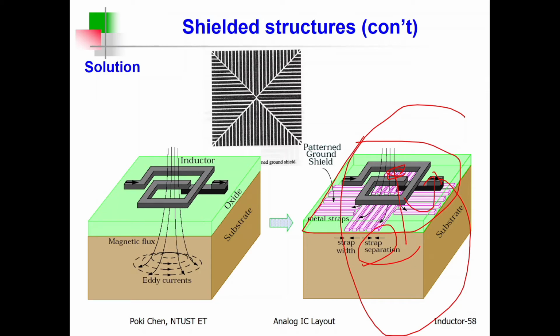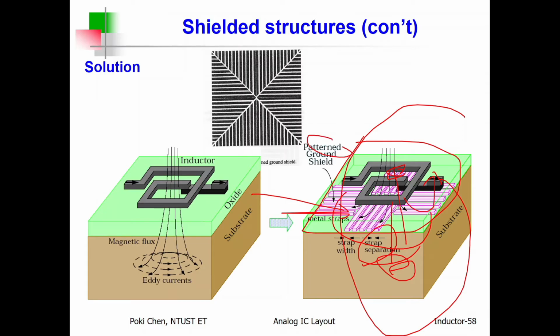So how to stop such kind of flux penetrating into the substrate? Very simple. We can have such kind of metal shield to the bottom. What do I mean by bottom? You can use the bottom metal to be the shield. Okay, and the pattern is really fixed.